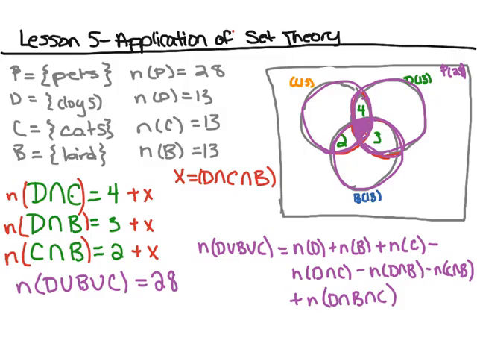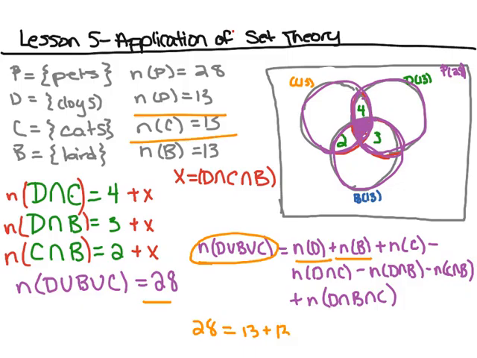So we're going to substitute everything in. We know that our union is 28. So we have 28 is equal to our n of D is 13, our n of B is 13, and our n of C is 13. Our intersection of D and C is 4 plus x.